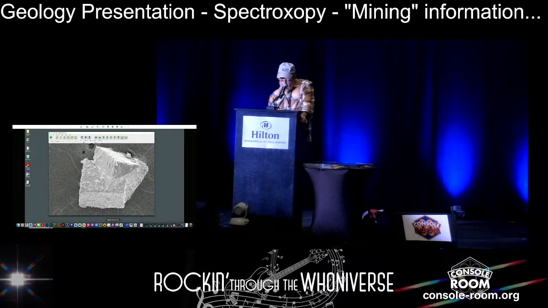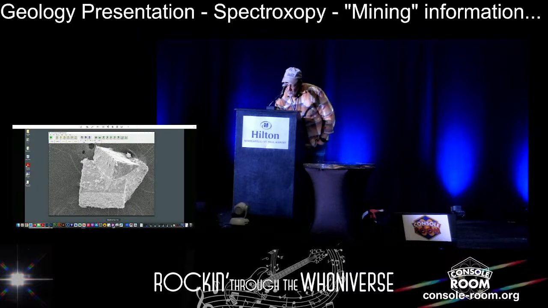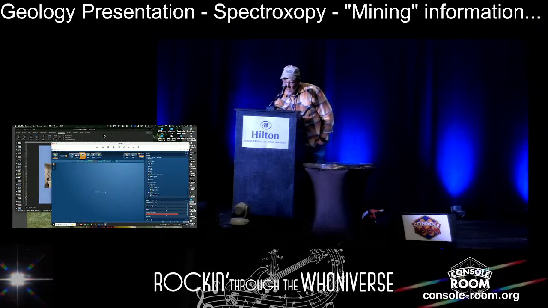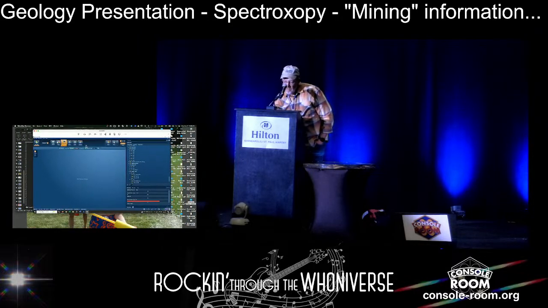So if I go now to my other computer and pull up this spectrometer, now I can scan the sample.